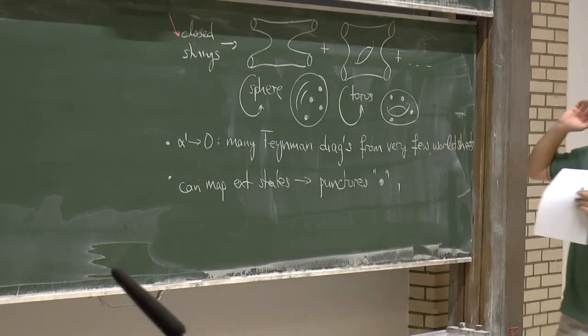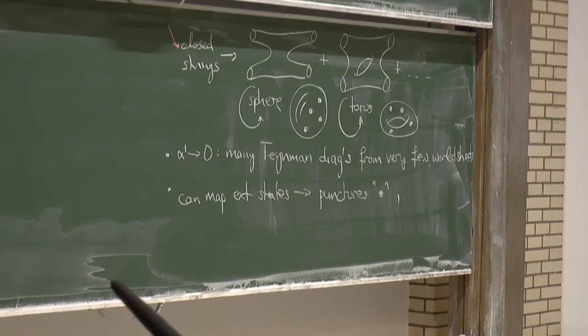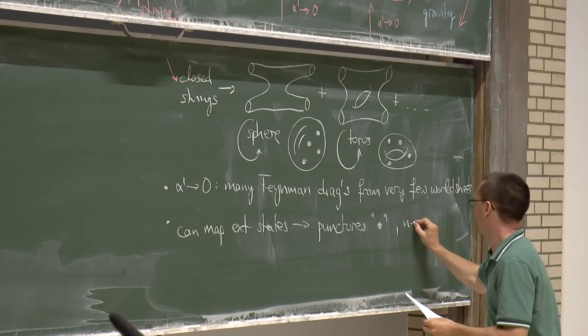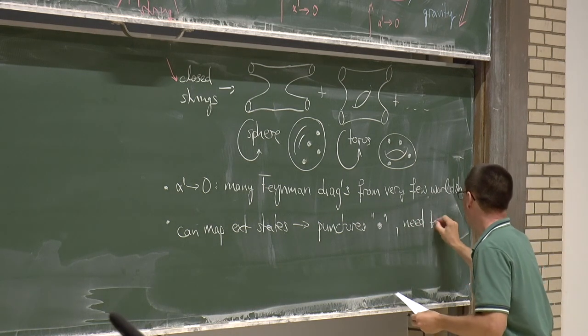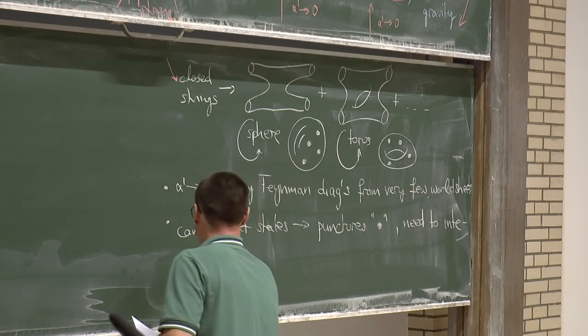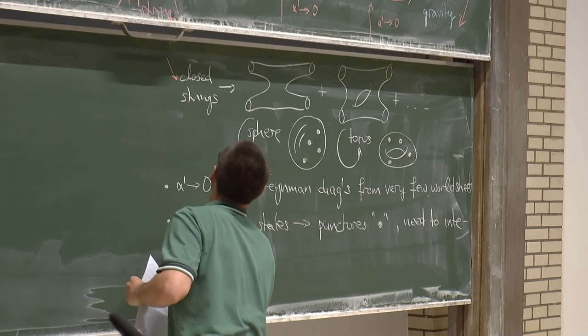And now what's the actual calculation you need to do to evaluate a string amplitude? So again, it's the mantra of integrating over all possible histories. And here, the picture of the punctures. All possible history means integrate over all conformally inequivalent ways to put punctures on these given surfaces. Okay, this was a mouthful of information. So when it comes to computing amplitudes, we need to integrate. And let me now give you the mathematical buzzword for that.